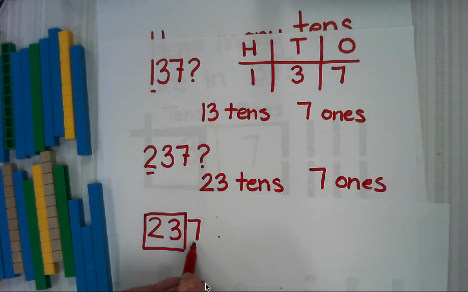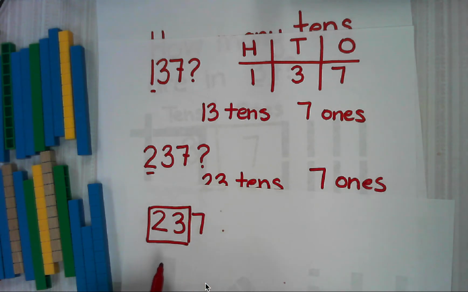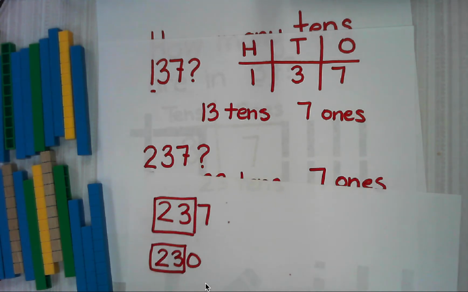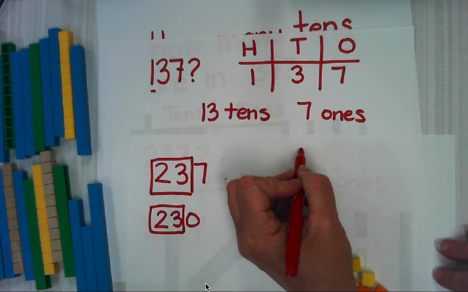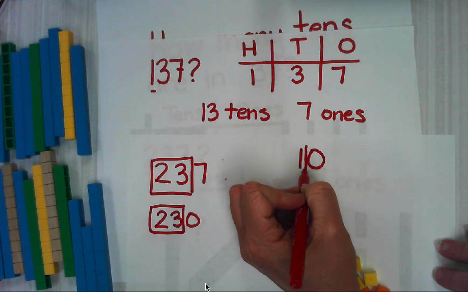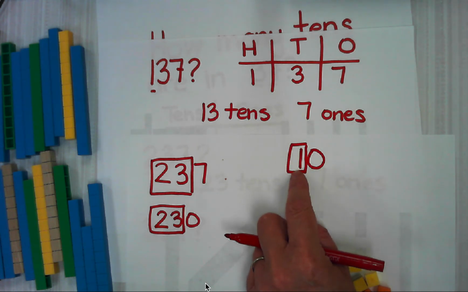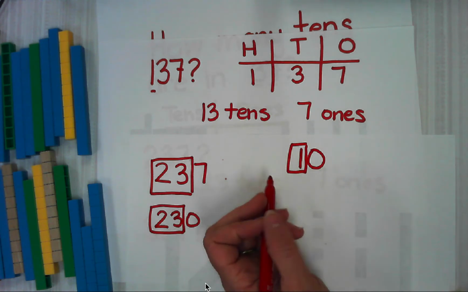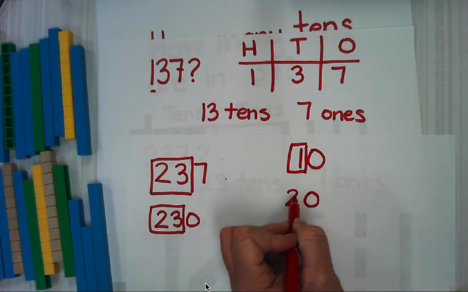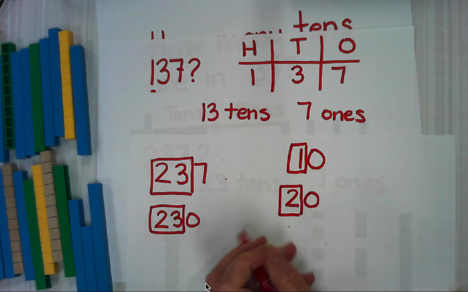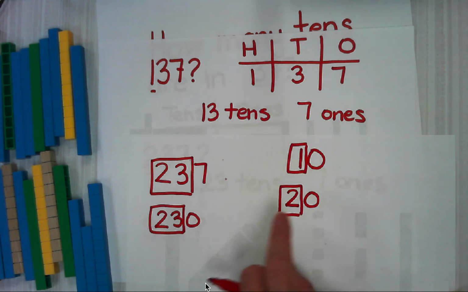When a number has a 0 over here, when we have a number like this, it means it's this many tens. So think about the number 10. 10 has a 1 here and a 0 next to it. That's 1 ten. 20 is 2 tens.